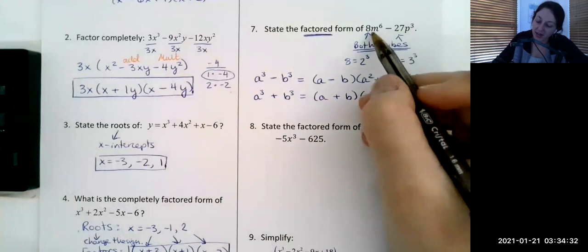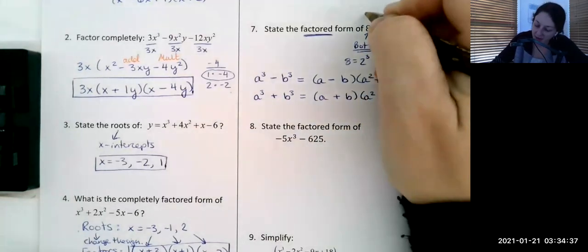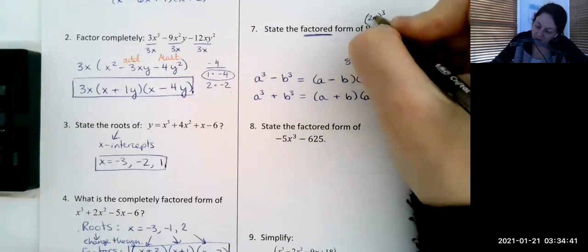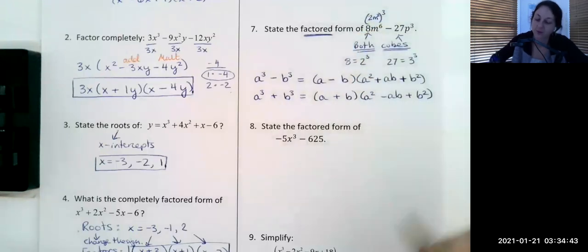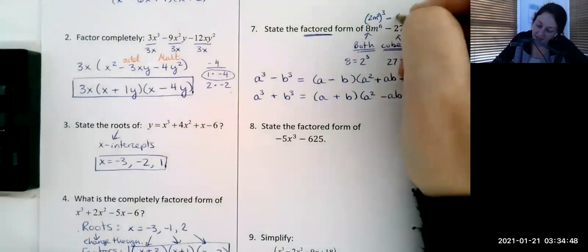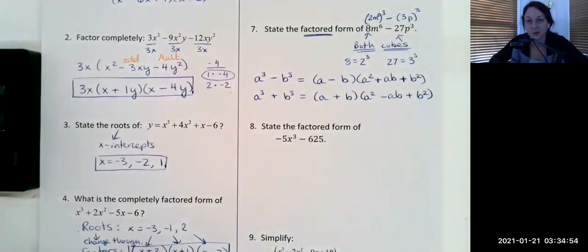So if we look at 8m to the 6 and 27p cubed, we can say 8m to the 6 is really 2m squared raised to the third power, and 27p cubed is really 3p raised to the third power.